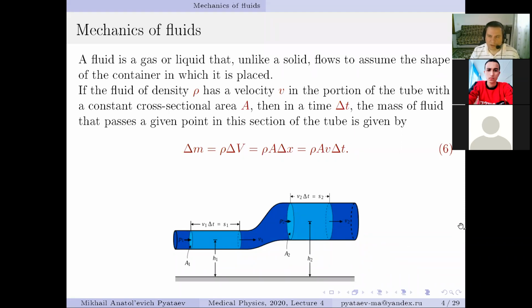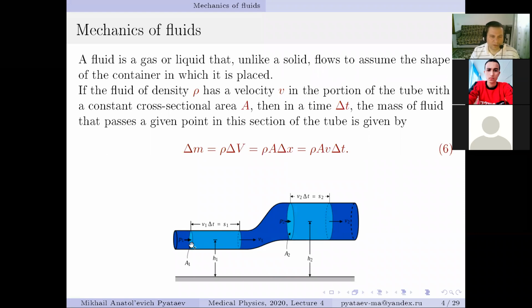The task is to find the variation of pressure, velocity, and maybe heat in case of a tube through which the liquid is flowing. So let us start with finding the mass which passes through some given cross section of the tube in the time delta t.